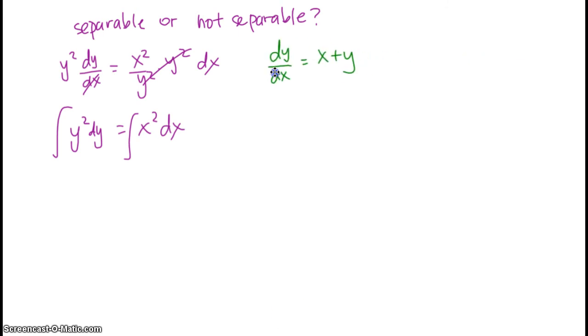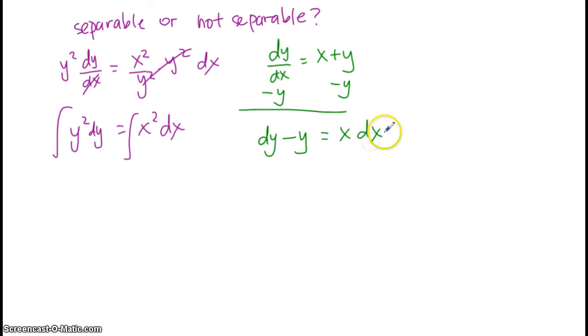What if I have something like this? dy/dx is equal to x plus y. Now, as you can see, in order to get the y's onto one side, I would have to subtract a y. I get dy minus y is equal to x times dx. On this side, it works very well, where you have x times dx.